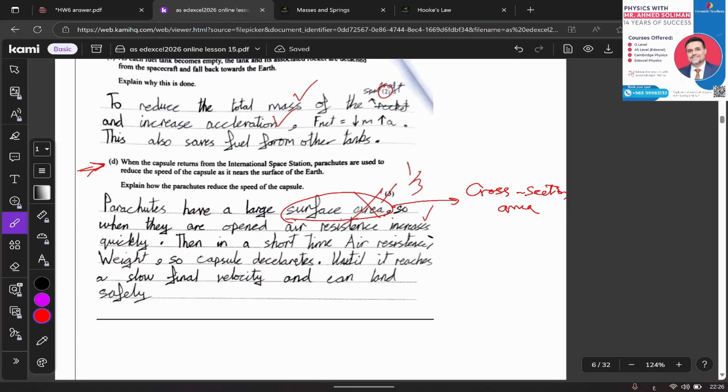He said when they are open, air resistance increases quickly. So now we have air resistance increase. This is right, okay. Right, Habiba? Yes, it's correct.